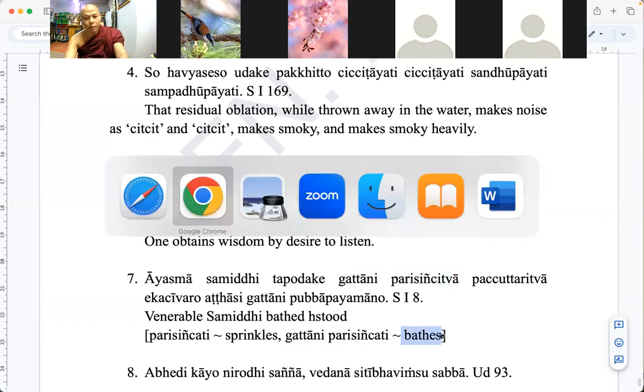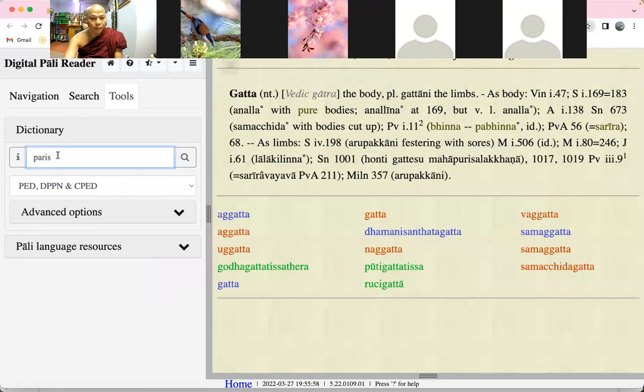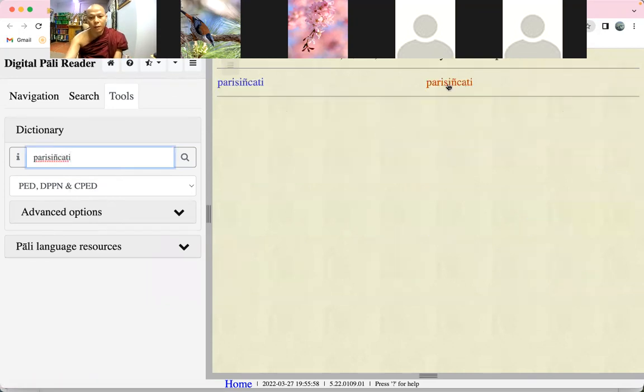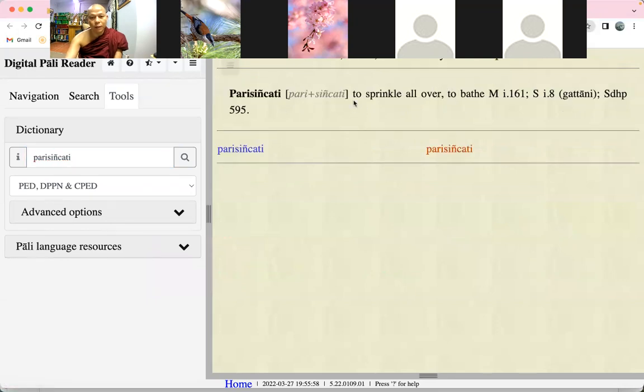That information you see here in the dictionary. Here gadani is just the limbs, but under brisenjeti, the one we already saw, brisenjeti means to sprinkle all over, but to bathe when together with gadani, such a phrase.